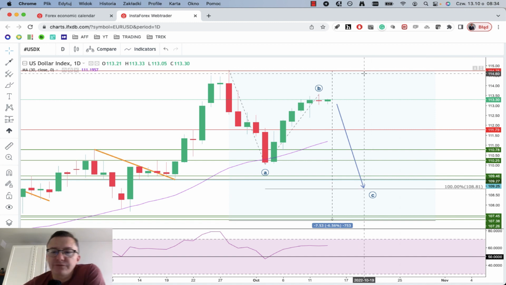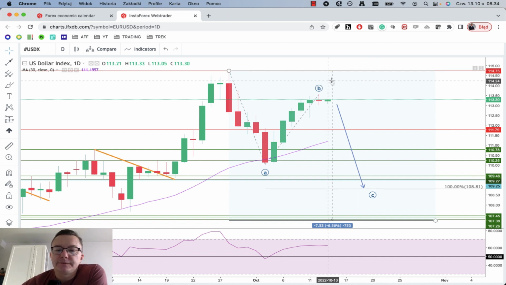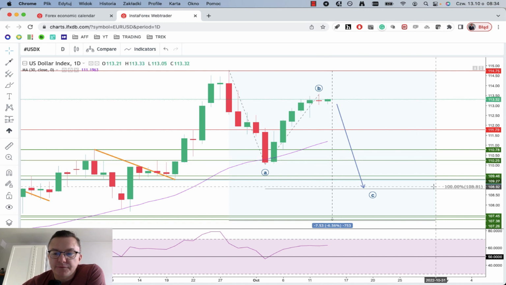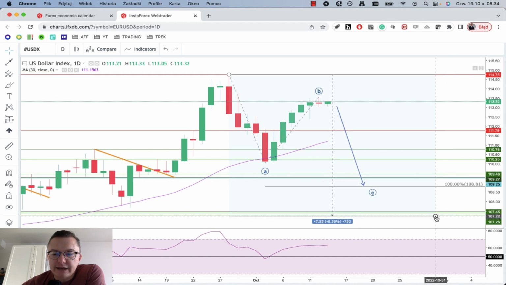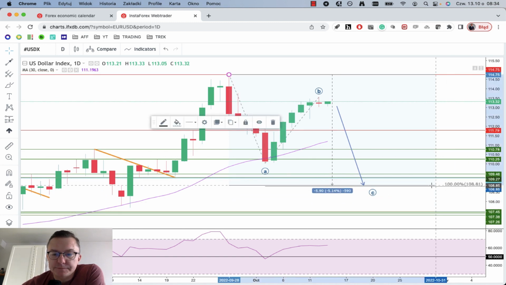Any violation of this level invalidates our scenario, and this very strong bounce towards the level of 113.50, the high was 113.56, is really something unnatural for this kind of move, but something strong at the same time.